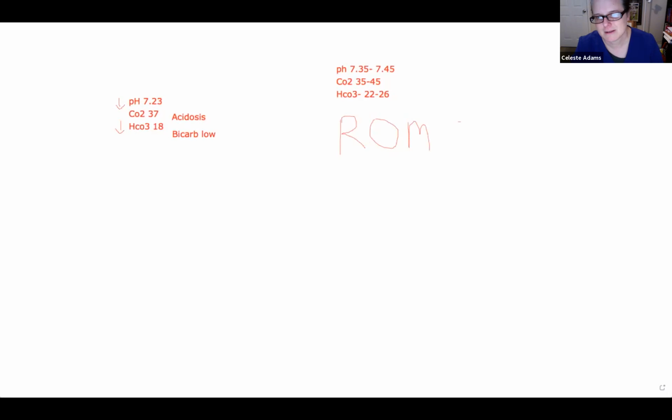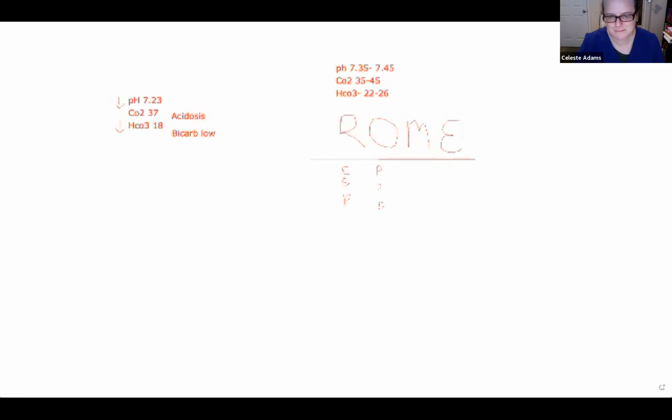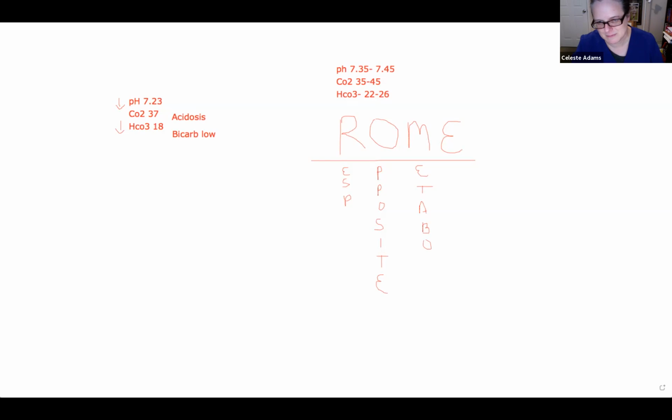Rome: respiratory is opposite, and metabolic is equal or same.